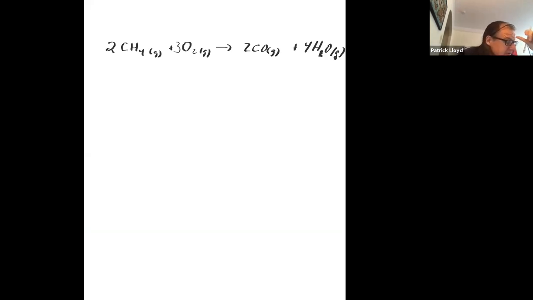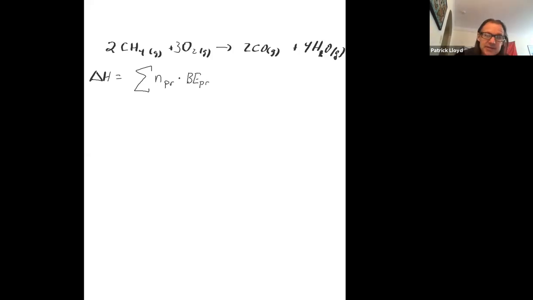So how do you find delta H of the reaction? Here's how you calculate it. I'm going to write a formula down for you. It's the sum of the number of moles of each product times the bond energy of that product.